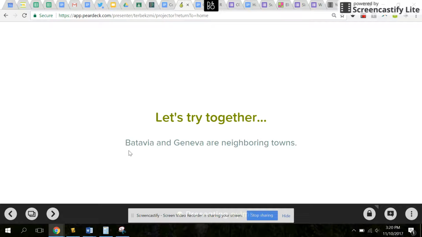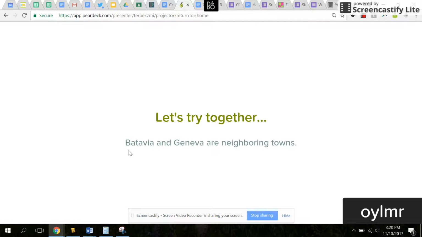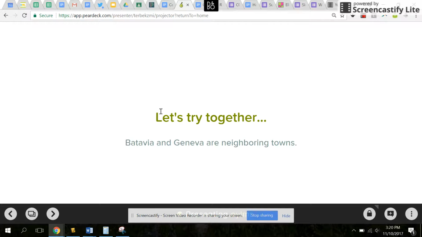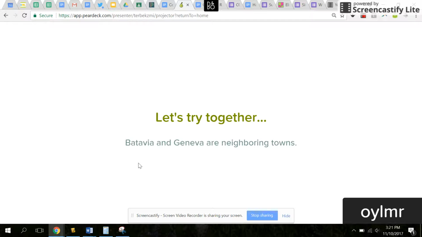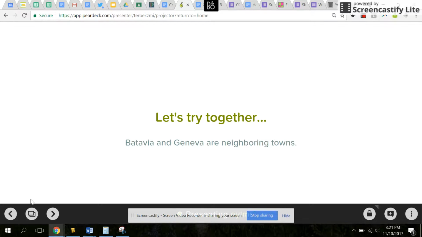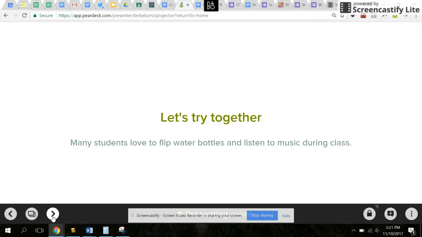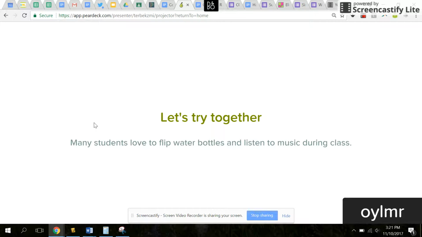All right, so on this one, if you paused it to try to underline it on your own, if you underlined Batavia and Geneva as being a compound subject, you were correct. So there are two nouns performing an action in this sentence. They're both neighboring towns. All right, next one. Many students love to flip water bottles and listen to music during class.